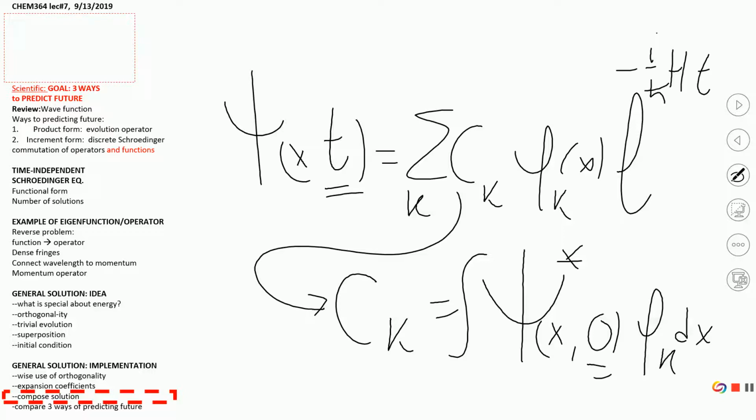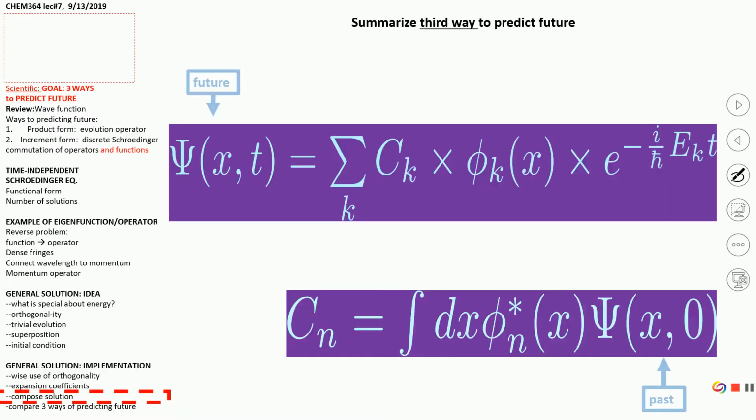Years, decades, and well, not yet centuries ago, when computers were not as developed, this was the major way to solve the Schrödinger equation. Today, we can use other two methods as well, but originally it was the only one. So from the past to the future.